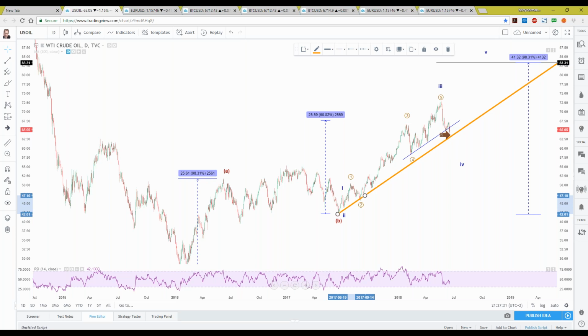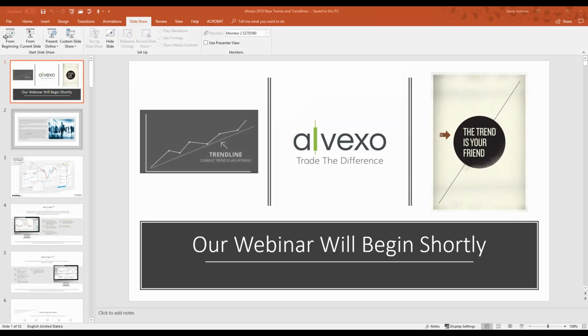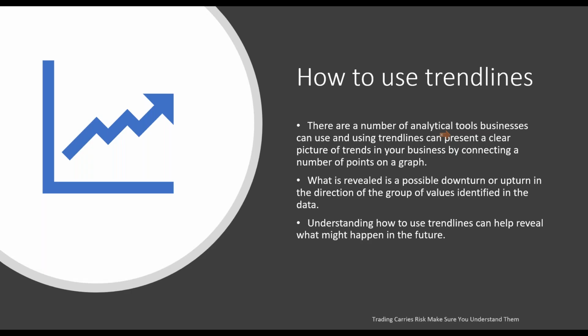So let's go back to my PowerPoint. Okay. There are a number of analytical tools businesses can use for trend lines and to get a picture of a trend in your business by connecting numbers of points on a graph.